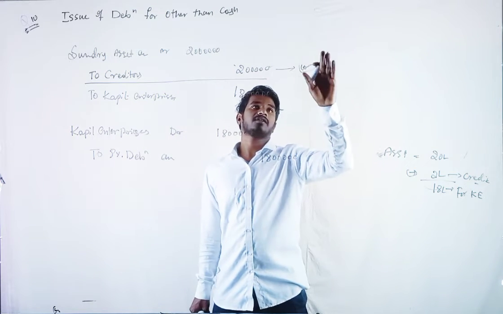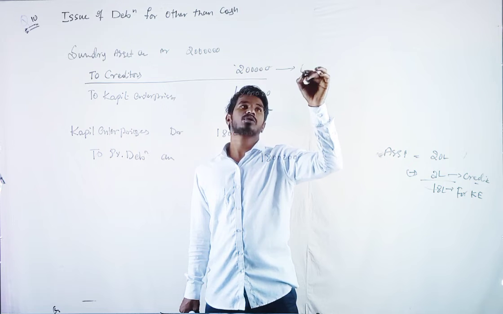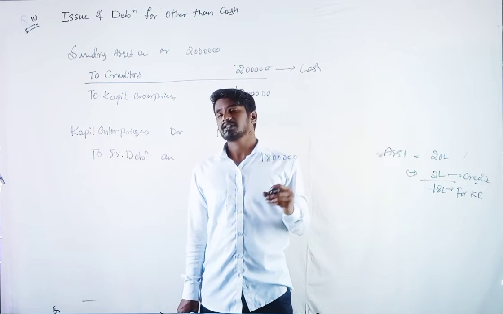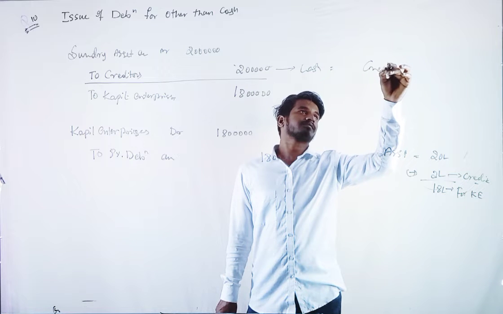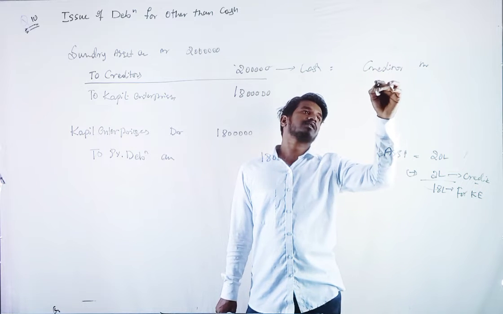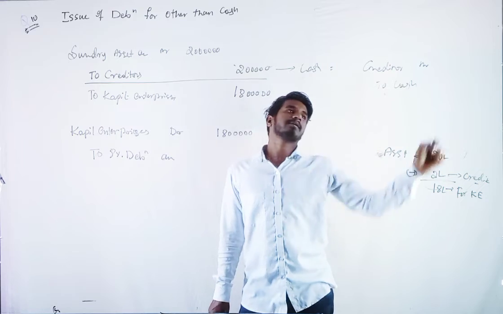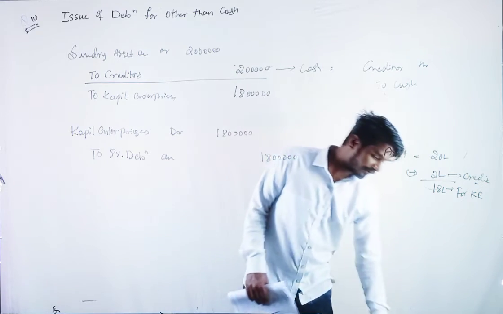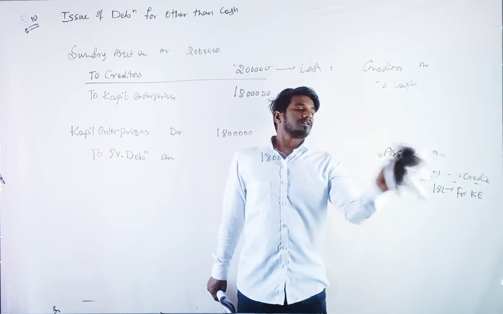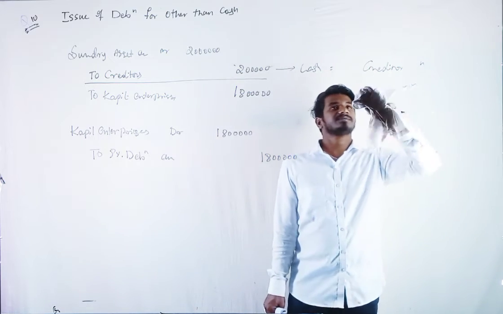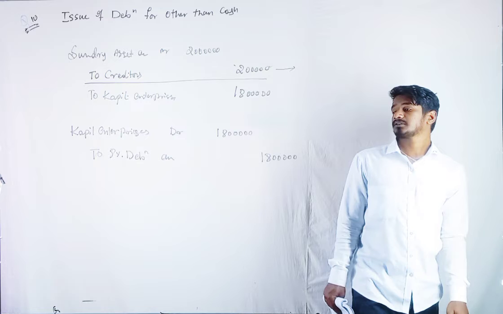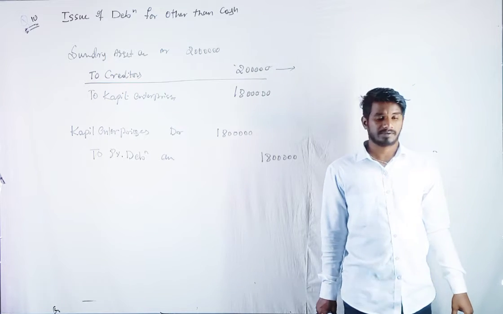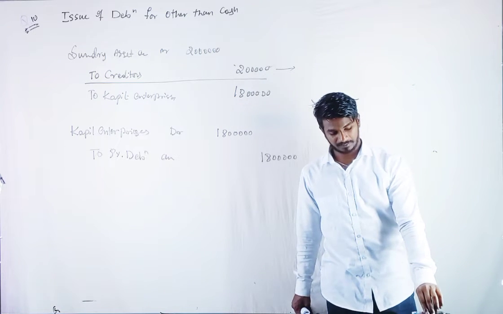For example, if they pay through cash, you can make the entry: creditors debit to cash. This will be the entry, right? Take down the solution. Shall we go for the next question?